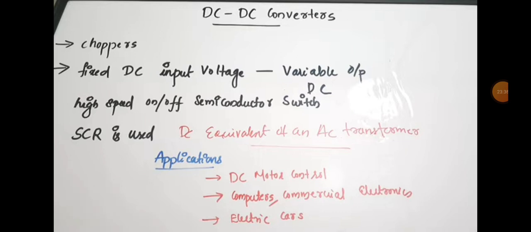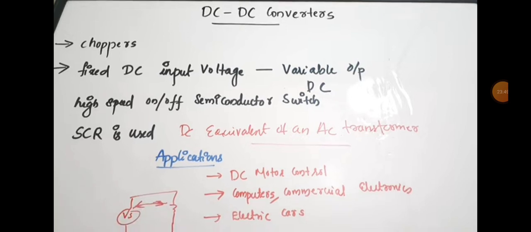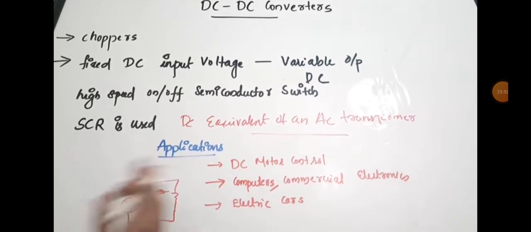So we know that there is a source side and a load side. The load and the source are connected and disconnected at a very high speed. That's why the chopping is happening.